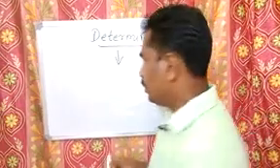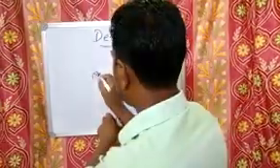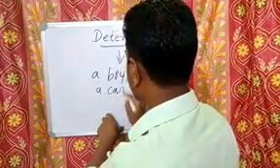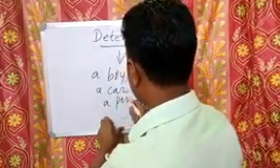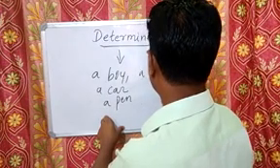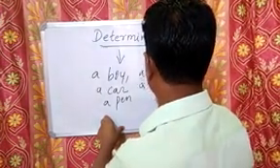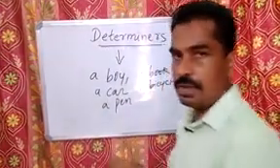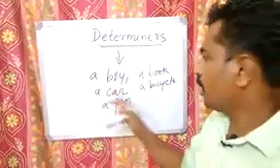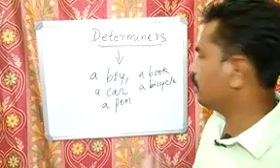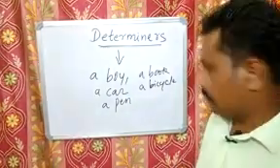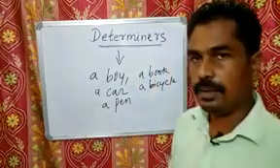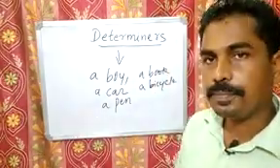Let me tell you. See these examples: a boy, a car, a pen, a book, a bicycle. I have used a with these nouns. Now, why have I used a here instead of an or the?